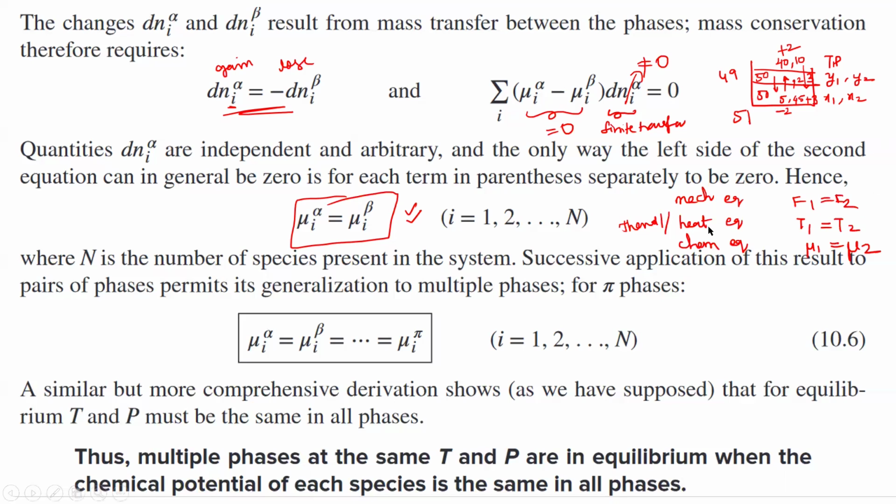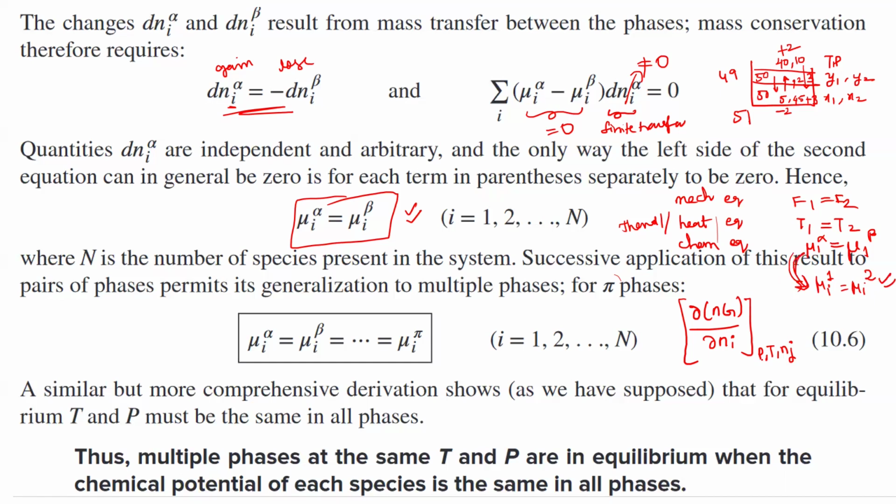Now, how is chemical potential defined? As dou G by dou N_i at P, T, N_j. Mu_i alpha, mu_i beta, I'm just correcting the above statement, that's all.